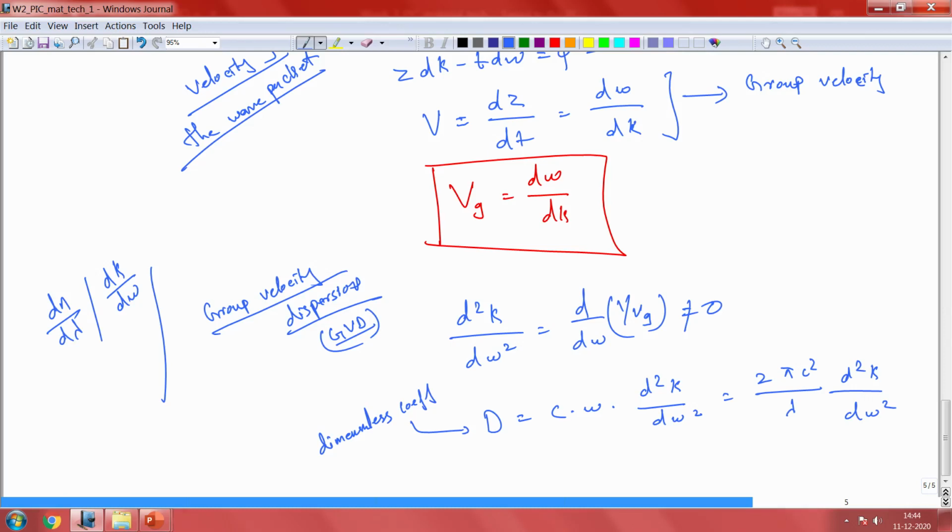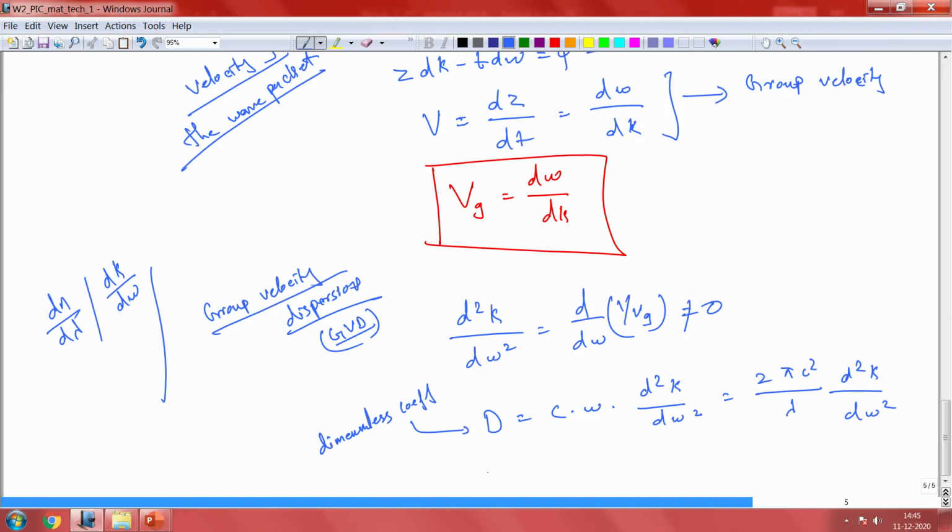For the same reason that we just discussed, it can cause broadening of individual pulses. So when you have a pulse with different frequencies, it can result in broadening of the pulse, and it could change the time delay between different pulses of different frequencies.